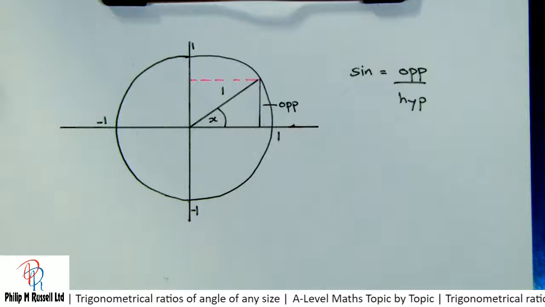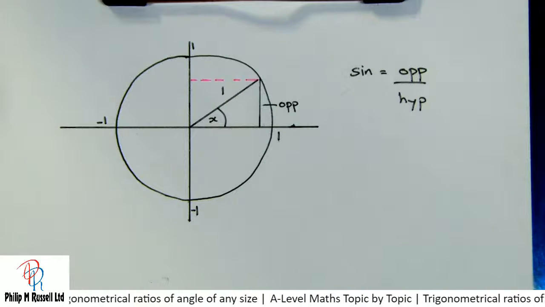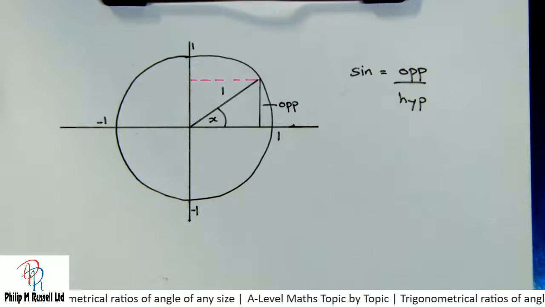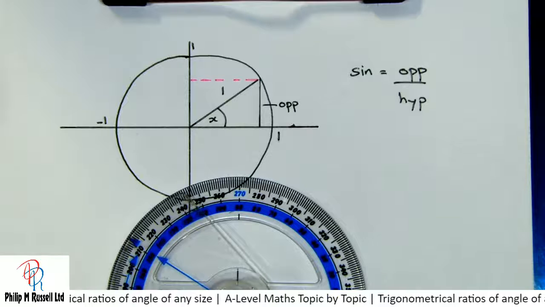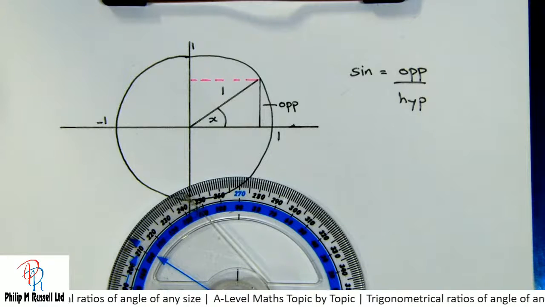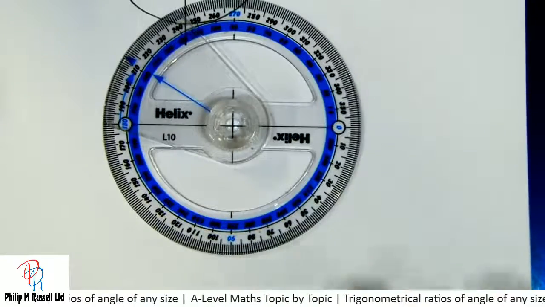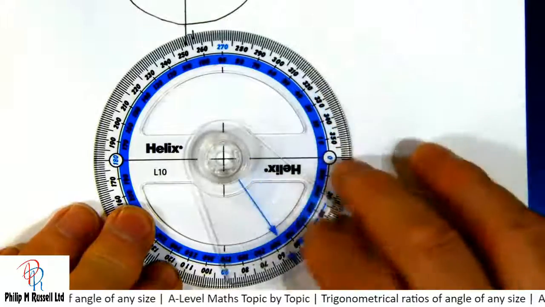Now what I have got is a protractor that I prefer using to most, and instead of being a half protractor, this is a full protractor.